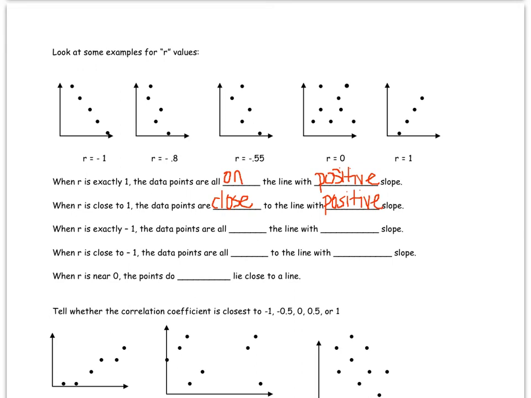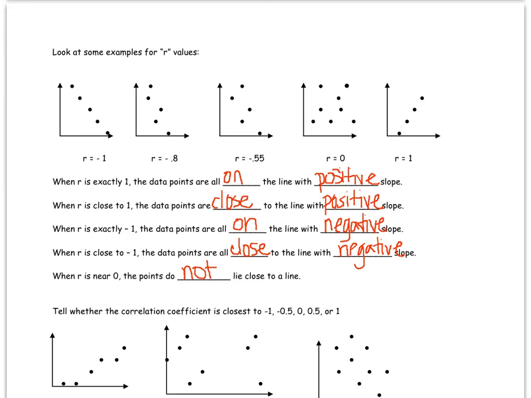When R is exactly -1, the data points are all on the line with this time a negative slope. When R is close to -1, the data points are all close to the line with the negative slope. And then when R is near 0, the points do not lie close to a line.